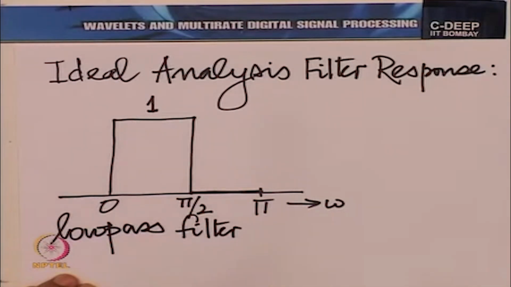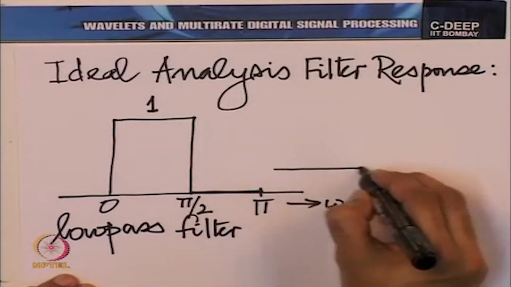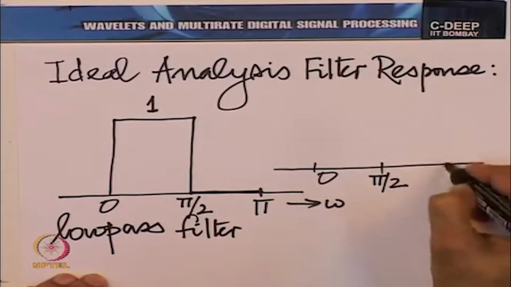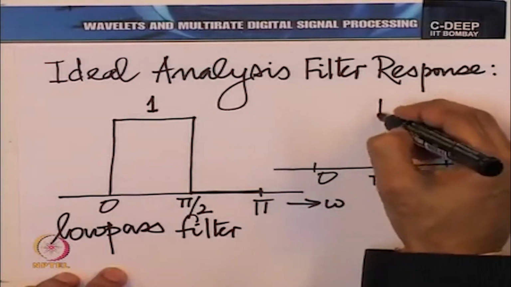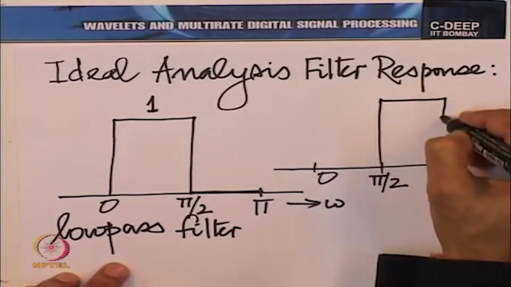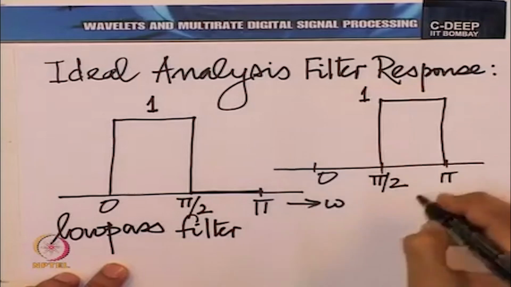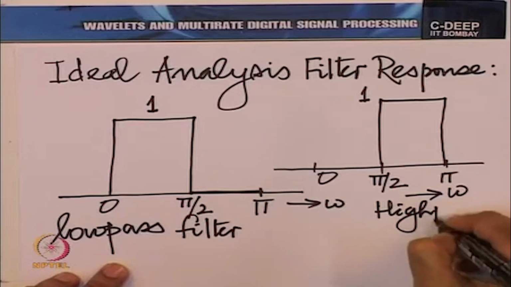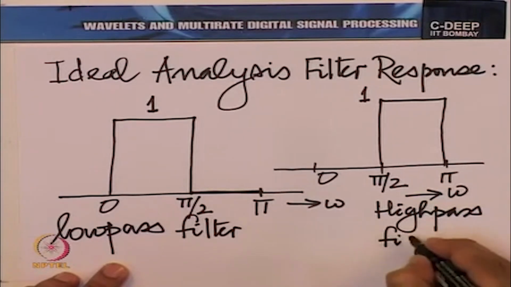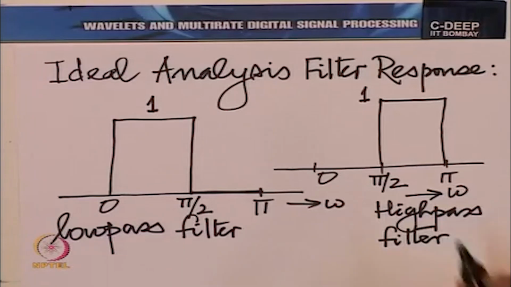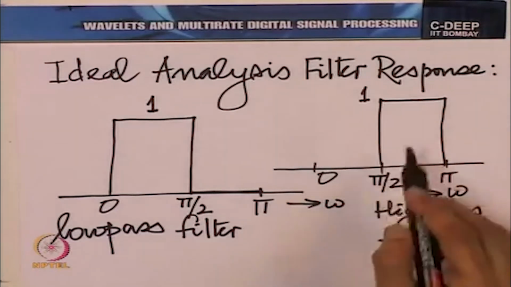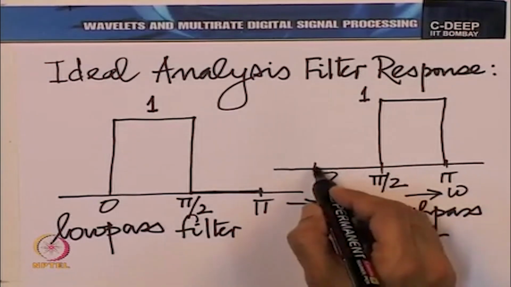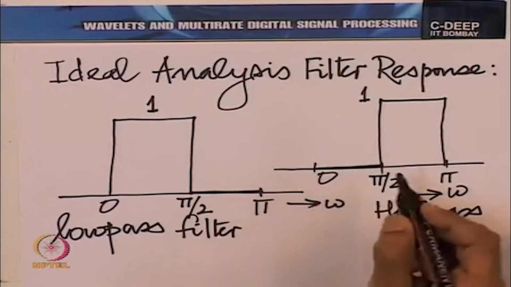Similarly, the high pass filter response, which I will draw here. The high pass filter needs to have a response of 1 between pi by 2 and pi, and of course, whatever is between 0 and pi is mirrored between minus pi and 0.